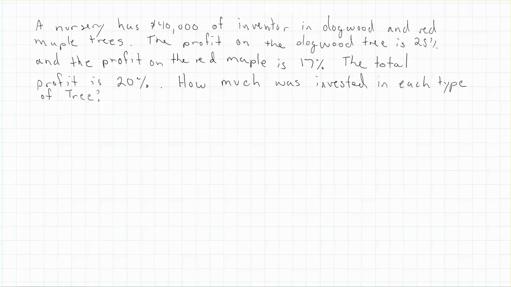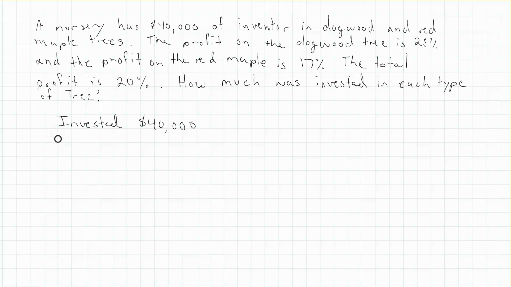Okay, so what is this saying here? Well, this, as I said, is a mixture problem because we know the total profit is 20%. And when we say total profit is 20%, this is just a simple interest. We invested $40,000 in trees. My total profit is 20%.